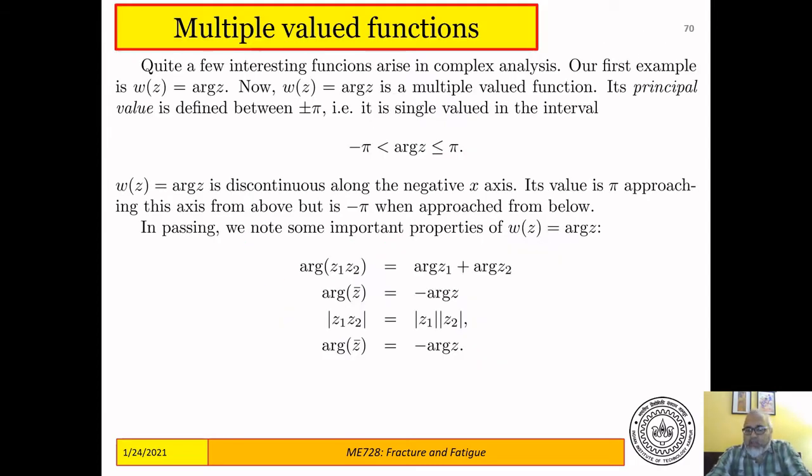There are many functions which are multiple valued. For example, argument of z is a multiple valued function. Why? Because if this is z, this angle is the argument of z.